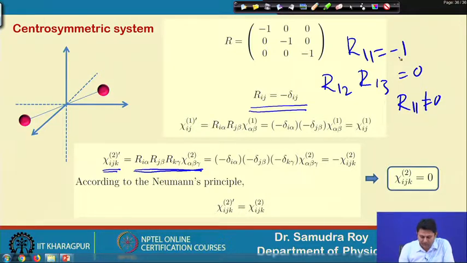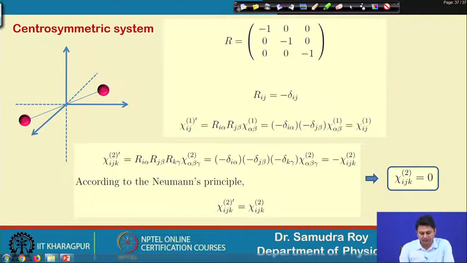So, if I now write this, we will find important information. This is chi i j, the first order susceptibility. If I apply this R operator on the first order susceptibility, we find that for i j, there are two components.